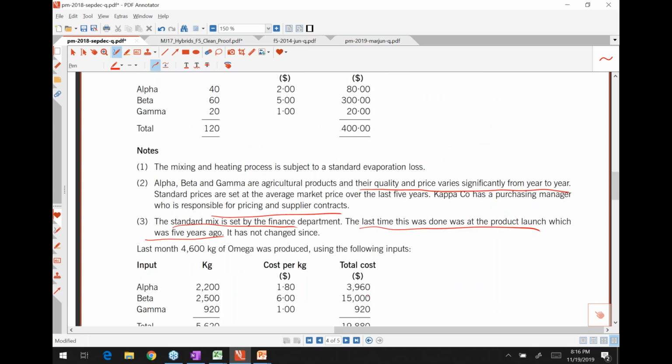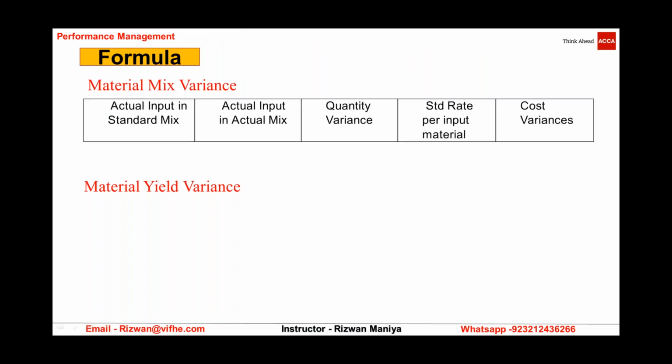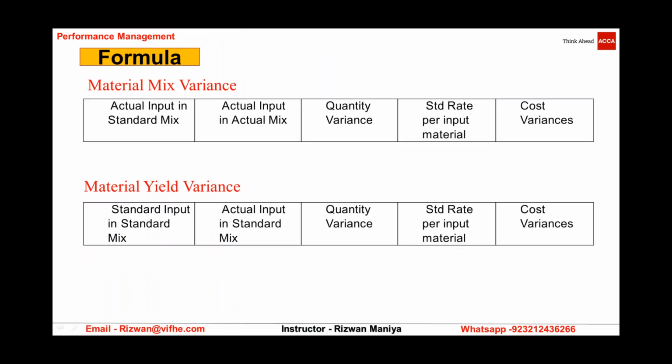I'm moving towards my spreadsheet, but before that, I will quickly show you the formula of mix variance and how we are calculating mix and yield. The formula is actual input in standard mix, actual input in actual mix, then we have quantity variance, standard rate per input material, then we have cost variance.